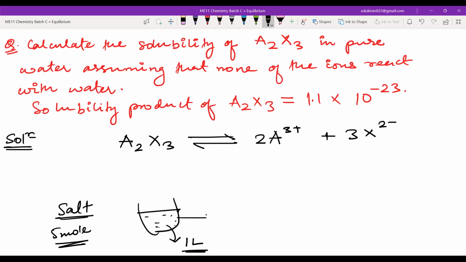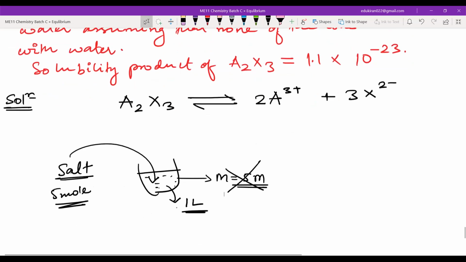Now you would say that the molarity of this will be 5 molar, only if all the salt gets dissolved. But if some salt is not dissolved, it is in solid form, then the molarity will not be 5. The solubility will not be 5.